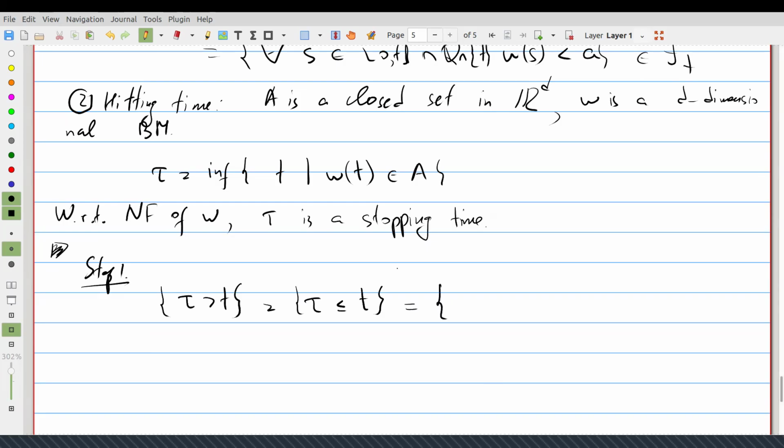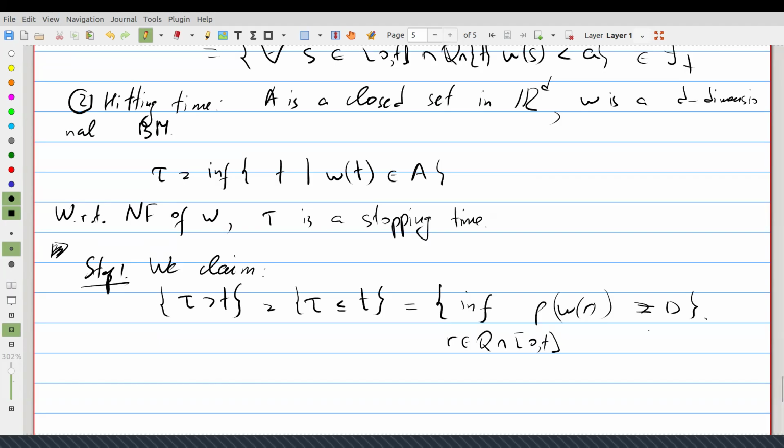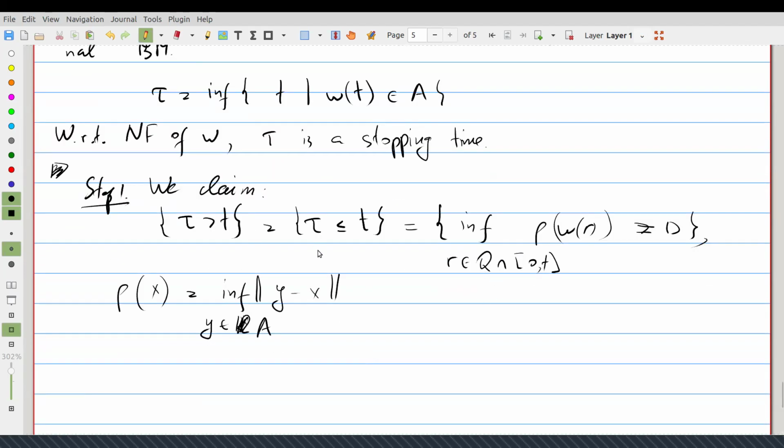And we claim that this can be written as the infimum over all rational r in [0, t] of rho(W_r) equal to 0, where rho(x) is the distance to A. Saying that tau is less than t is equivalent to saying that the infimum over rationals in [0, t] of the distances from the value of the Brownian motion to our set A is 0.